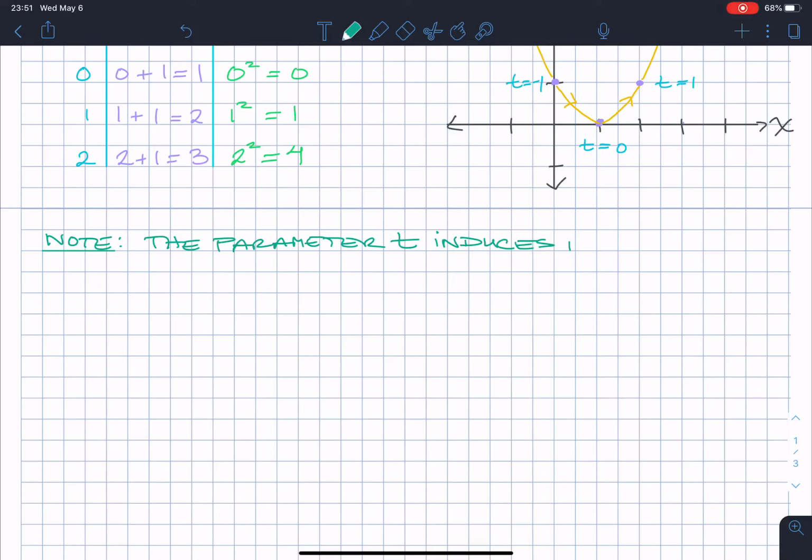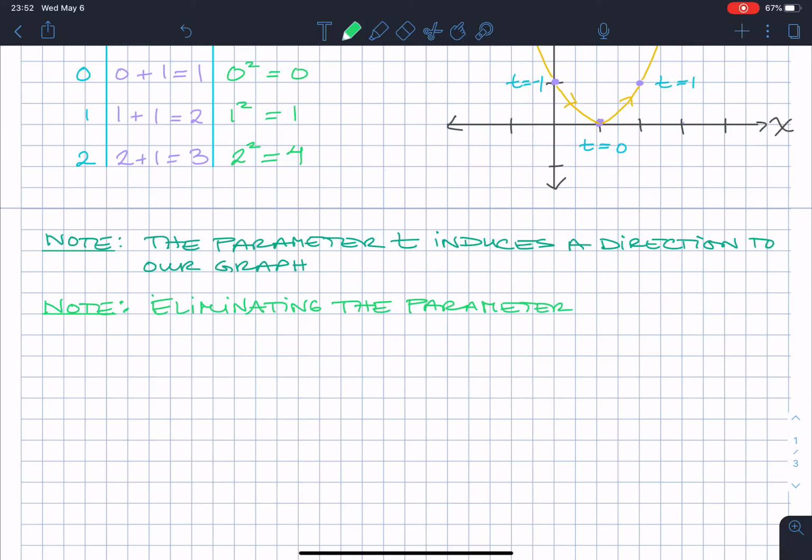Okay, so note, eliminating the parameter can help to identify the graph.